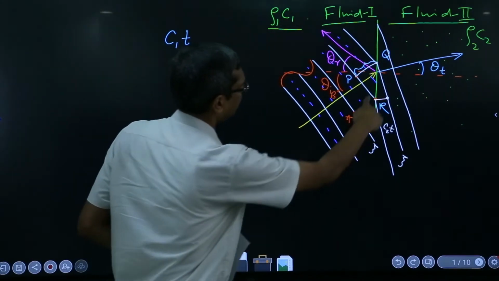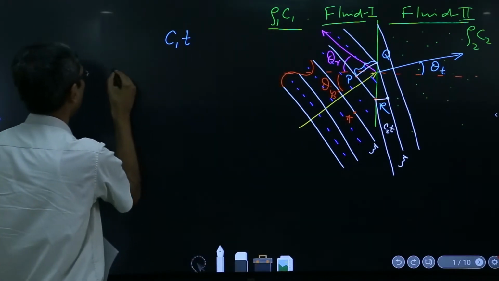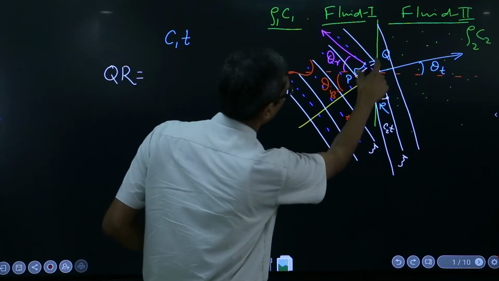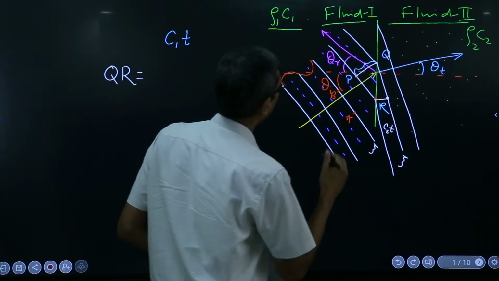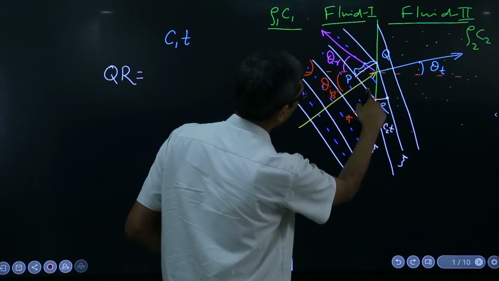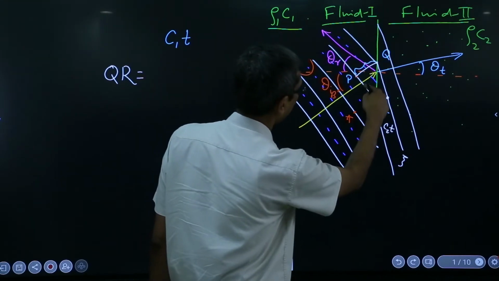So now if you write the length QR, what is it? PQ, let's say this is theta I. So this angle is what? That also is theta I, isn't it?